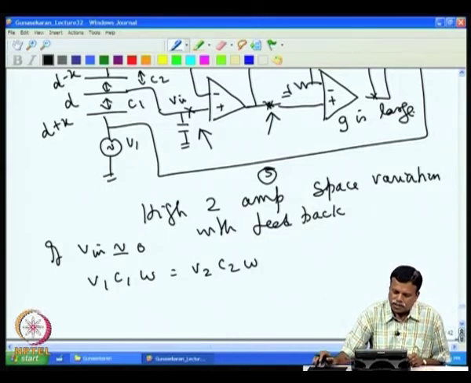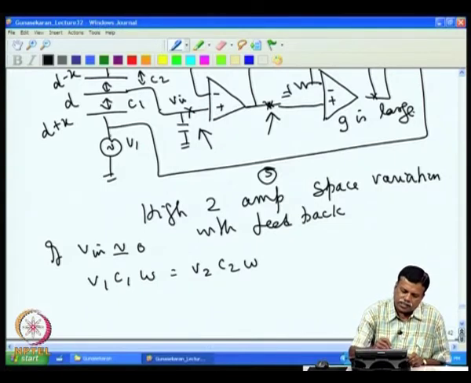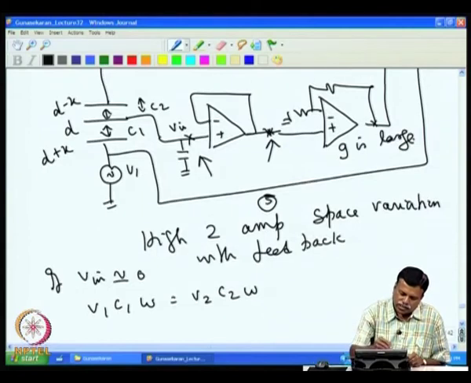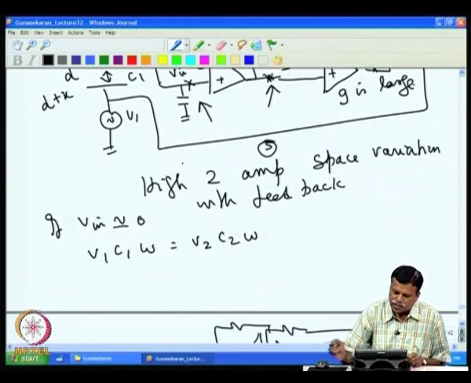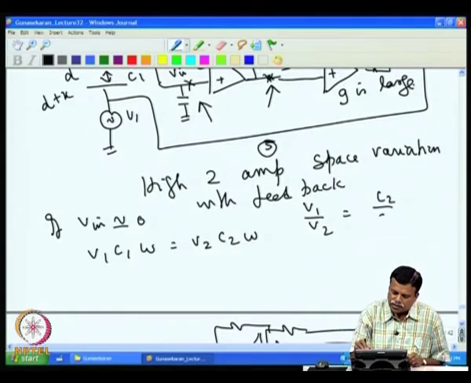They have to be equal, because then the current is V1 C1 omega, and the current coming from here is V2 C2 omega, and for 0 they have to be equal. So, that actually makes the equation simple. So, we can write that V1 by V2 is actually C2 by C1.